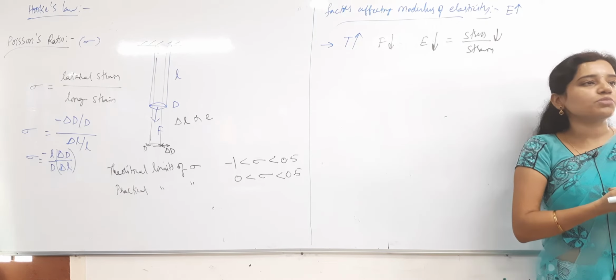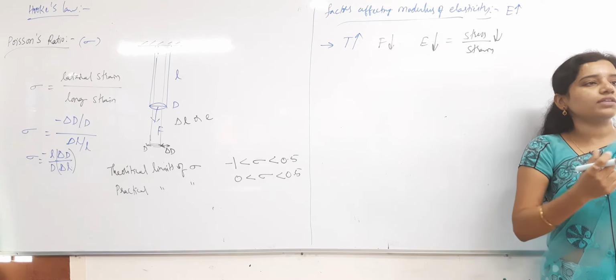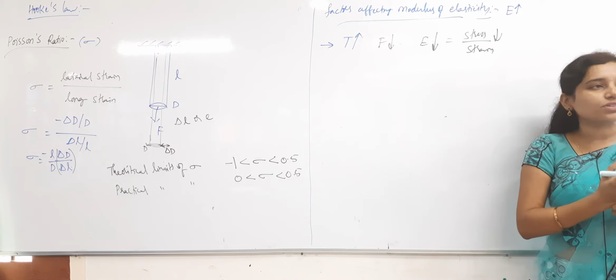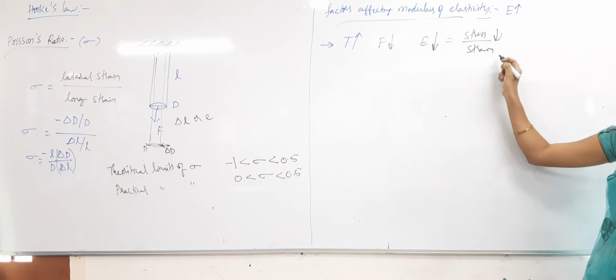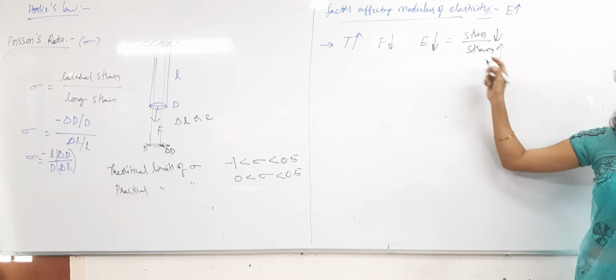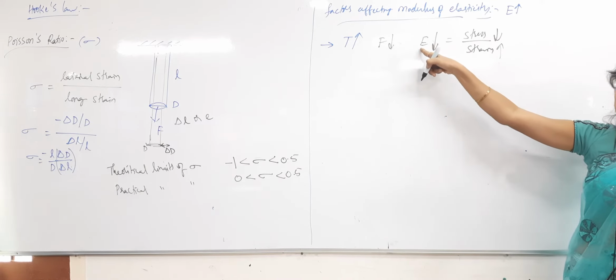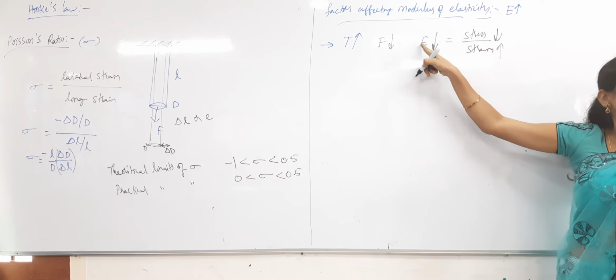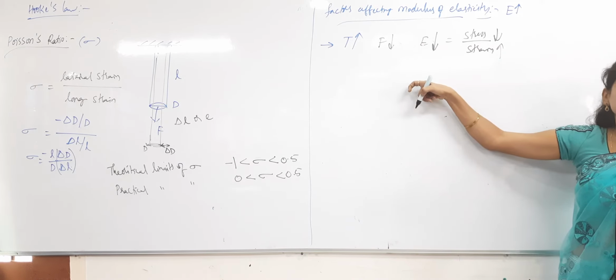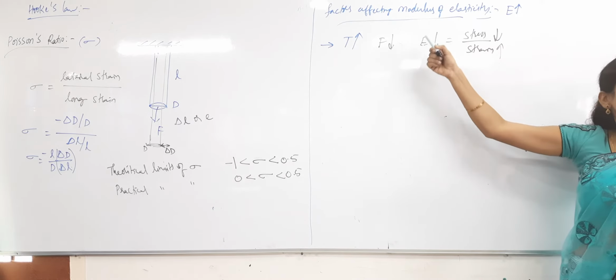If the elongation is more, you are thinking that it is having more elasticity, but that is wrong in reality. Whichever is having more elongation, that is having more strain. Strain is inversely proportional to E. If strain is increasing, E will decrease. So the elasticity of the wire also decreases.